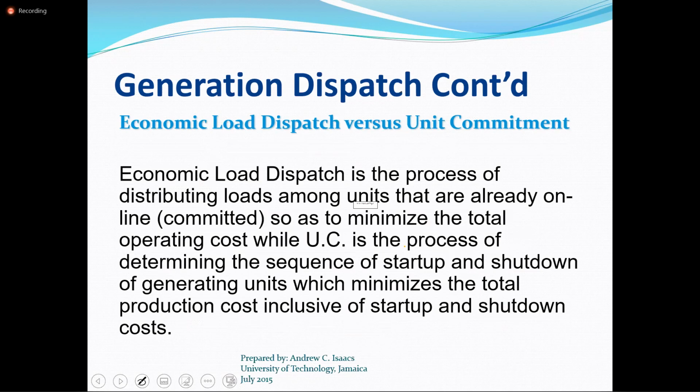Now, on the surface, that may sound as if I'm contradicting myself, because I just said that we do not assign individual loads to generators. However, it's not the case.